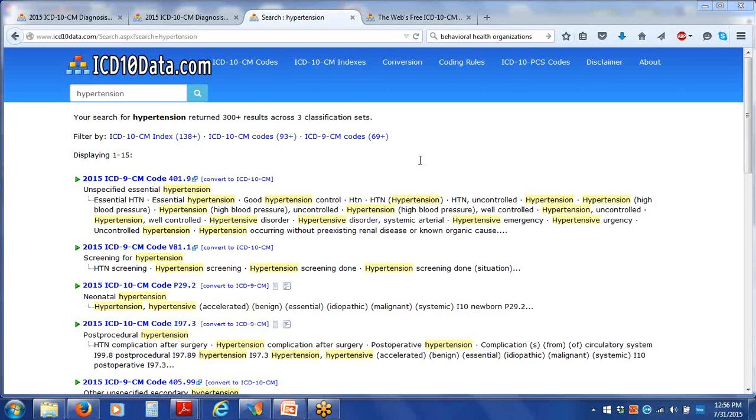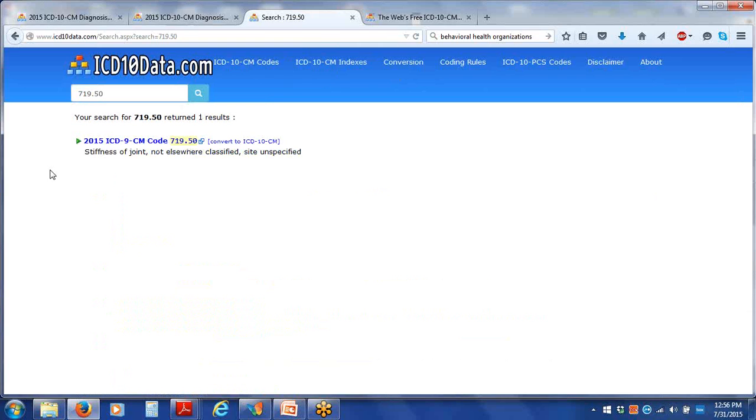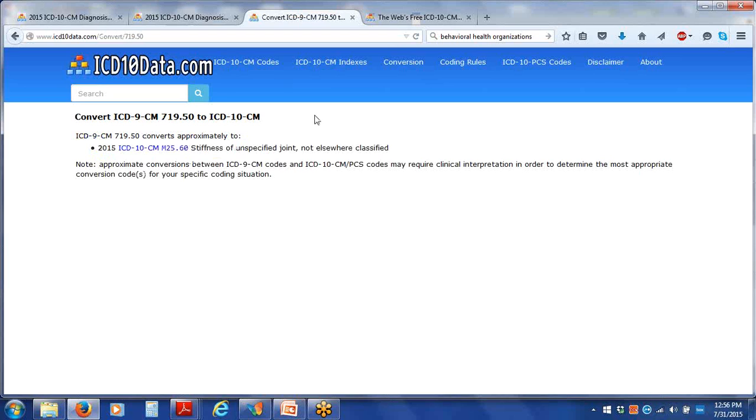Ida had one. She wanted to look up 719.50, which is decreased range of motion. So I'm going to go here, and in this ICD-10 data, I'm going to just type in 719.50. And here is your ICD-9 code, 719.50, convert to ICD-10.